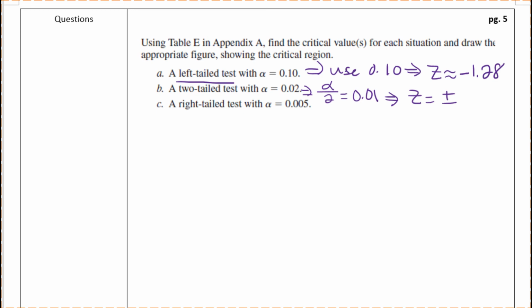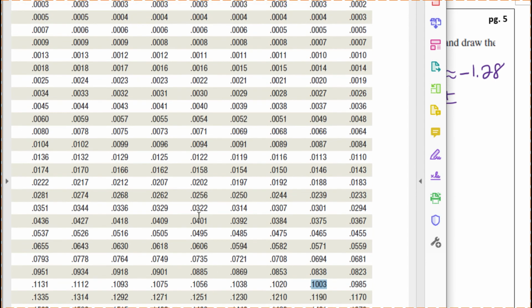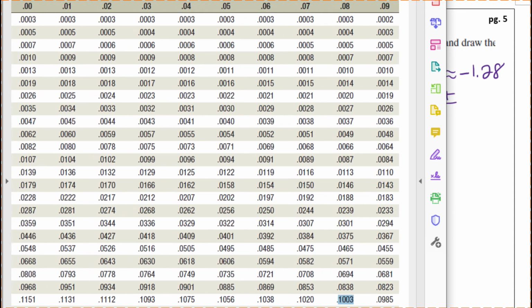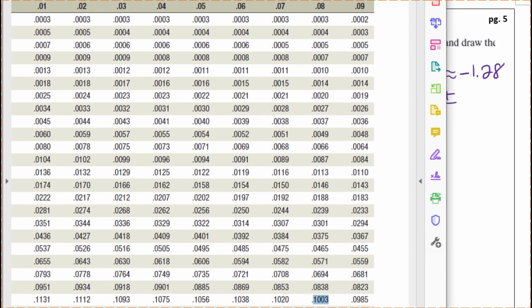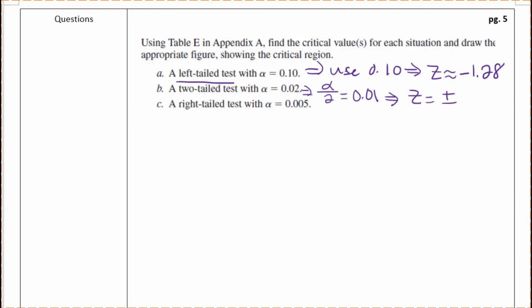And you can do the 1 minus alpha divided by 2, but we just figured out that you'll get the same value. So do it for 0.01. Let's see here. 0.01 was this guy. So it's negative 2.33. And we know it's going to have a positive version, so we'll just do plus or minus 2.33 because it's a two-tailed test.